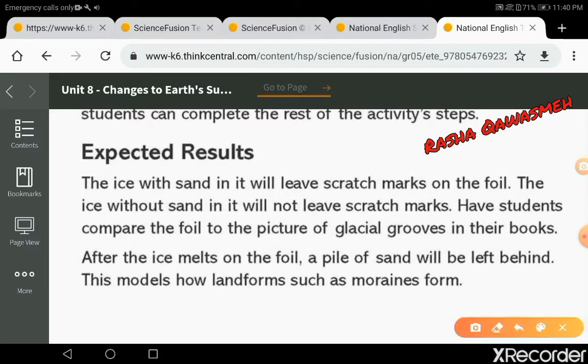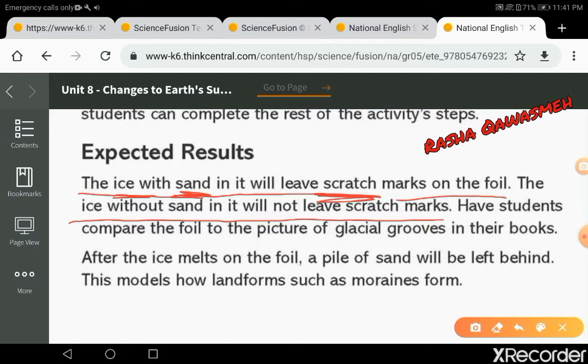Now the ice with sand, it will leave scratch marks on the foil. The ice without sand will not leave scratch marks.